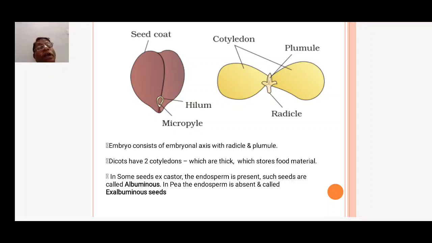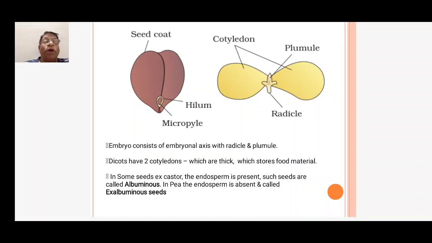That is, depending upon the endosperm presence or absence, seeds are classified into two types: exalbuminous and albuminous. Okay.